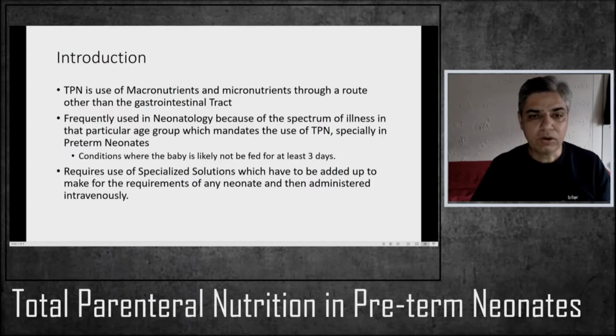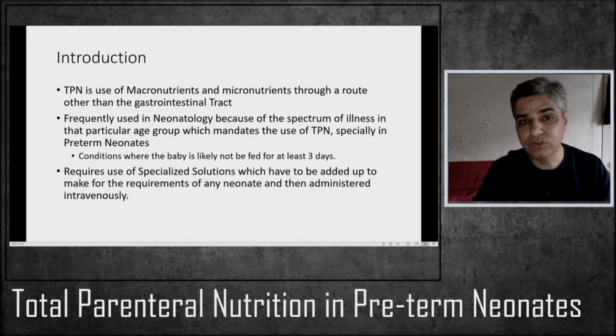Keep it in mind that TPN is usually prescribed where, because of the underlying condition, the baby is not likely to be fed for at least 3 days. So if we think that for the next 3 days the baby will not be tolerating oral fluids, for example if he's got respiratory distress syndrome and he's on a ventilator, then we have to give TPN.